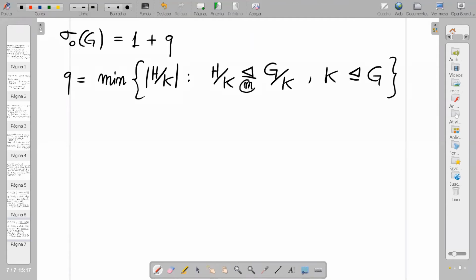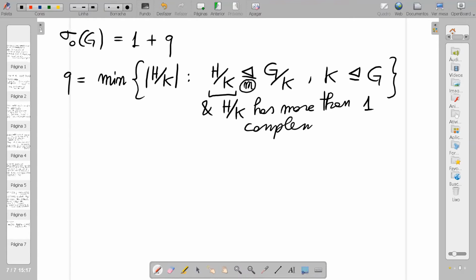So this notation means minimal normal subgroup of a quotient, and H modulo K has more than one complement in G modulo K. Okay, a complement in a group is something.